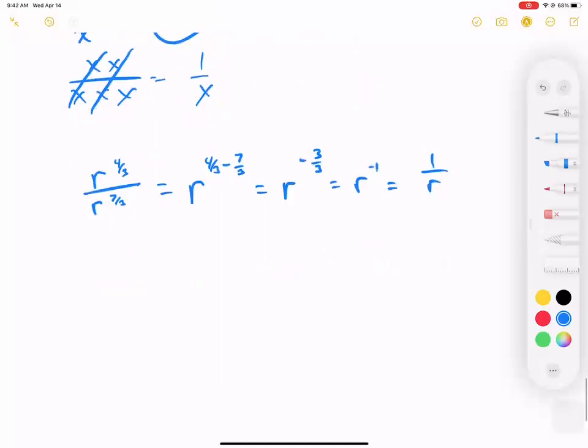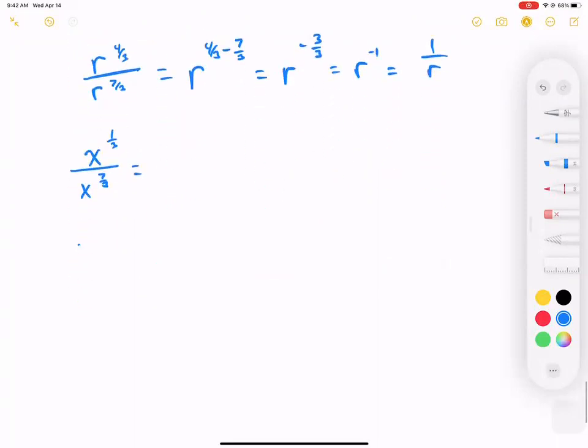Let's try another one that looks similar to this. Let's use x to the 1/3 divided by x to the 7 over 3. Because this would be terrible to do if I try to rewrite this as a radical. This might confuse kids.